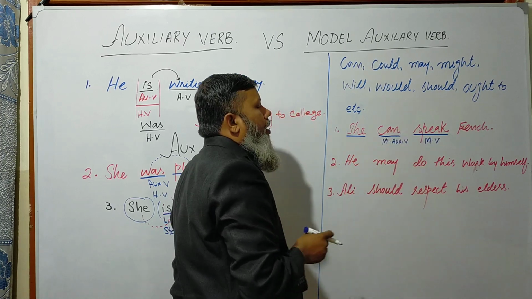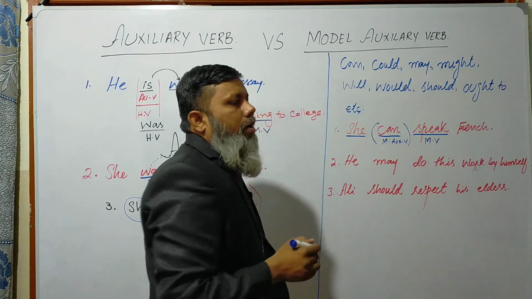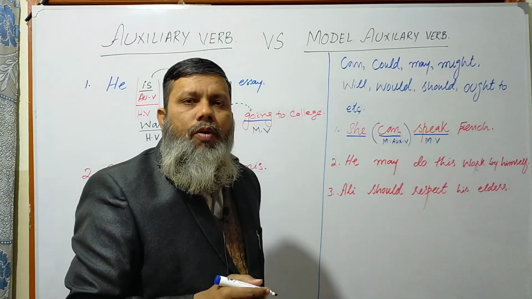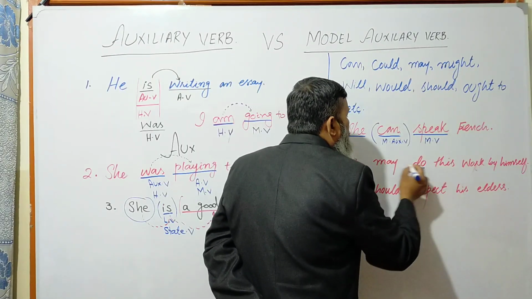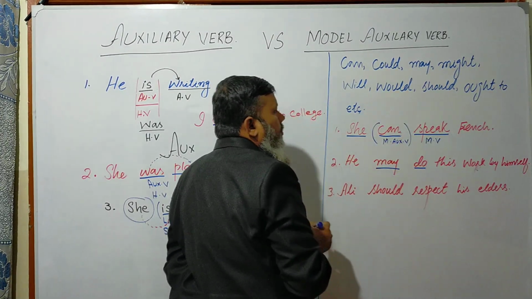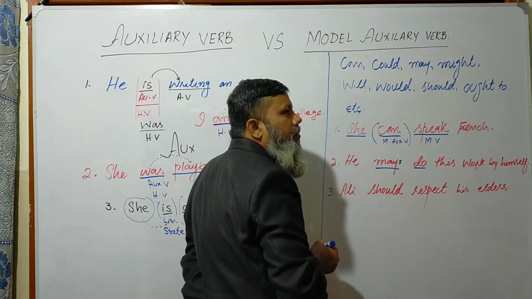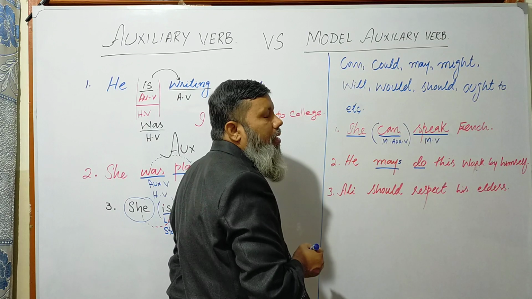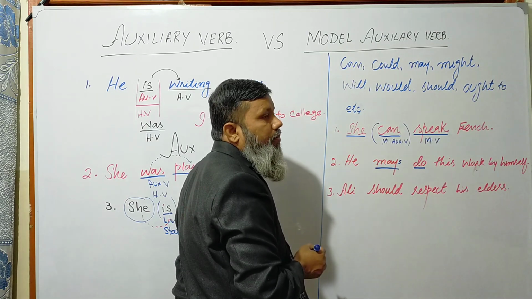That is why can is used as a modal auxiliary verb. We cannot say "he cans do this." How does it look? Very awkward according to the grammar.